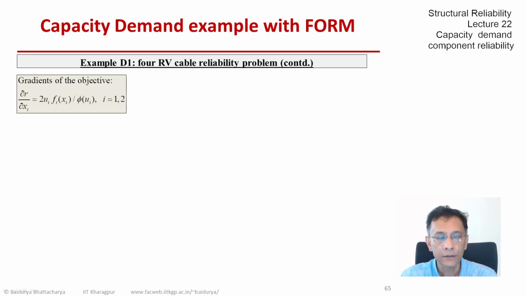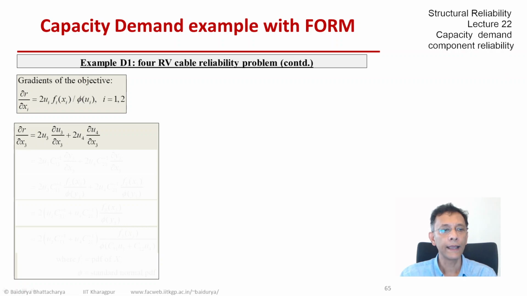So that gives me this final form as twice u1 f of x1 over phi of u1, and this is also valid for x2 and u2 because they are mutually independent of all the rest.